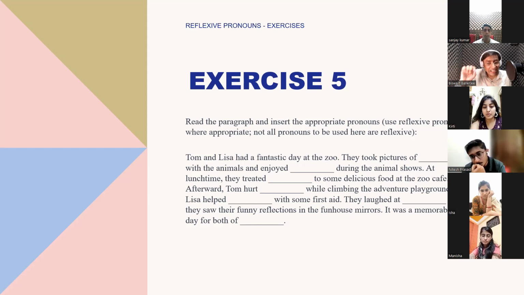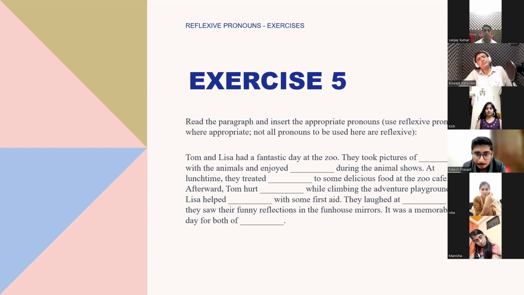But Lisa helped Dash with some first aid. They laughed at Dash when they saw their funny reflections in the funhouse mirrors. It was a memorable day for both of Dash. I give you one minute to think and then you will answer. The entire paragraph has to be answered.